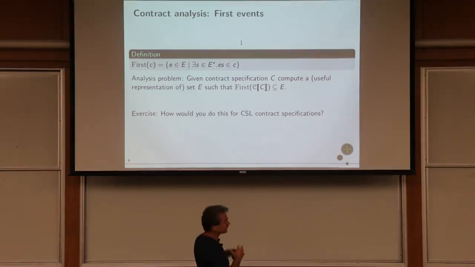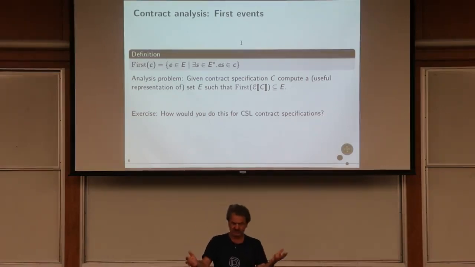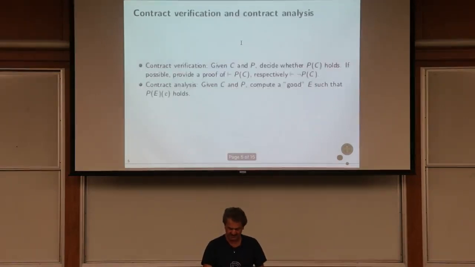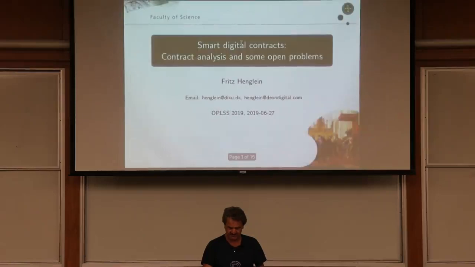So it should contain all the firsts, and ideally should be exactly the firsts, but it's sound if it contains those, okay. So how would you do this for the CSL contract specification? So look at the syntax.